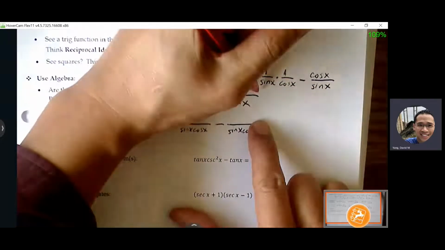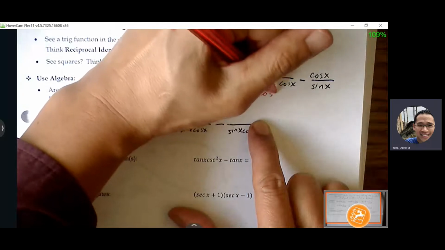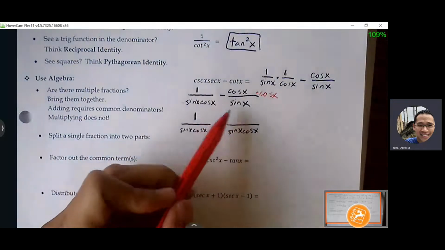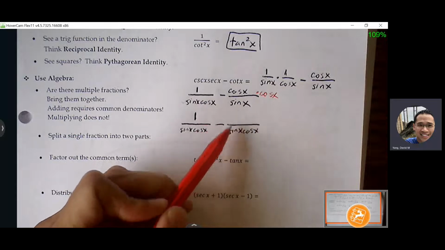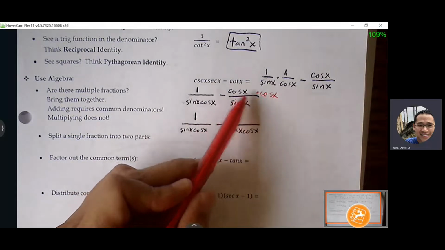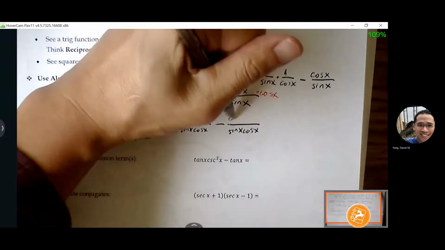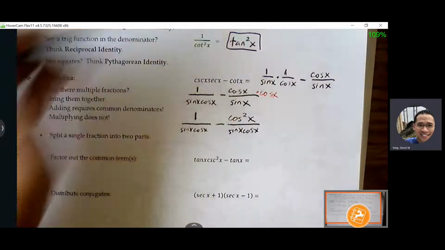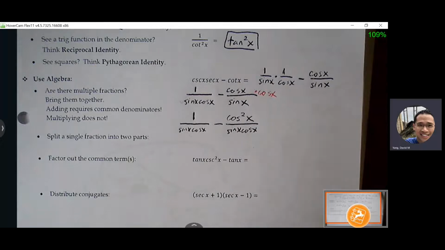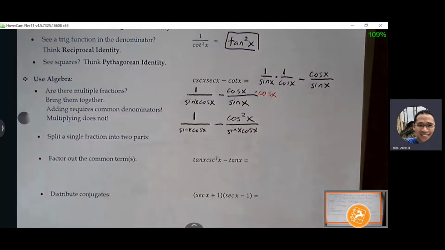I need to multiply the numerator by cosine of x to adjust for the fact that this old denominator isn't quite matching my new denominator. So cosine times cosine gives me cosine squared x. Okay. You see how now we have common denominators? We can merge them into the same fraction.